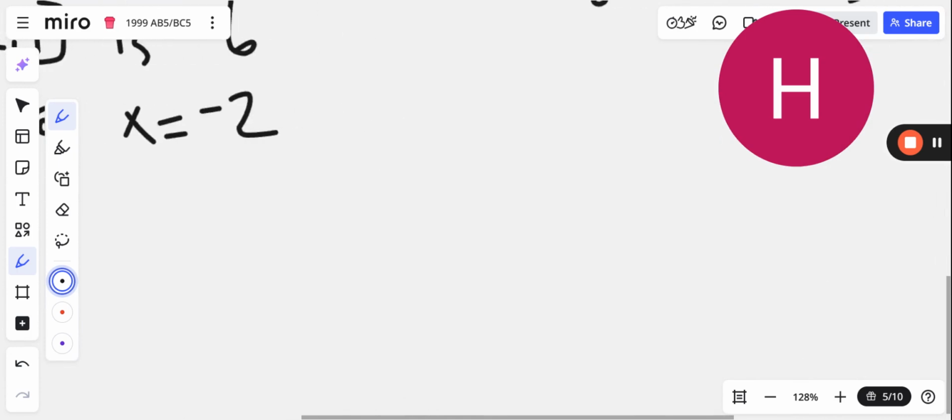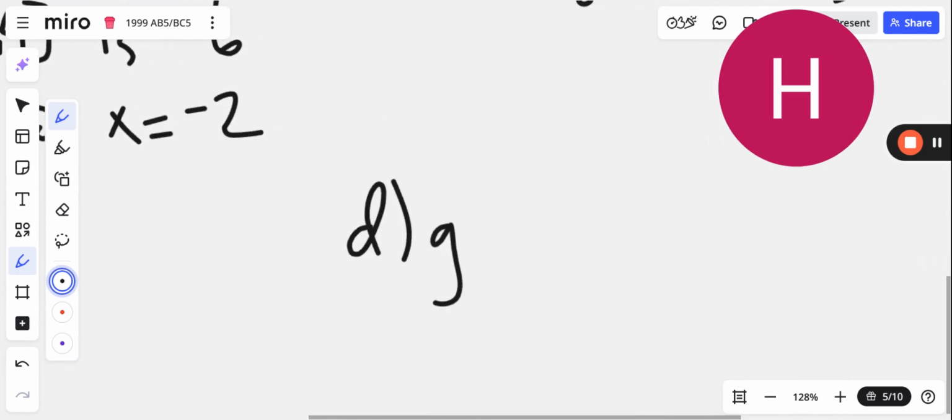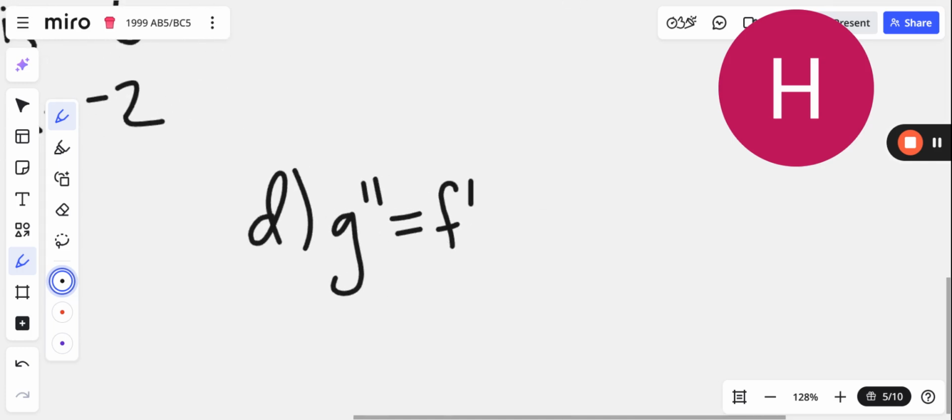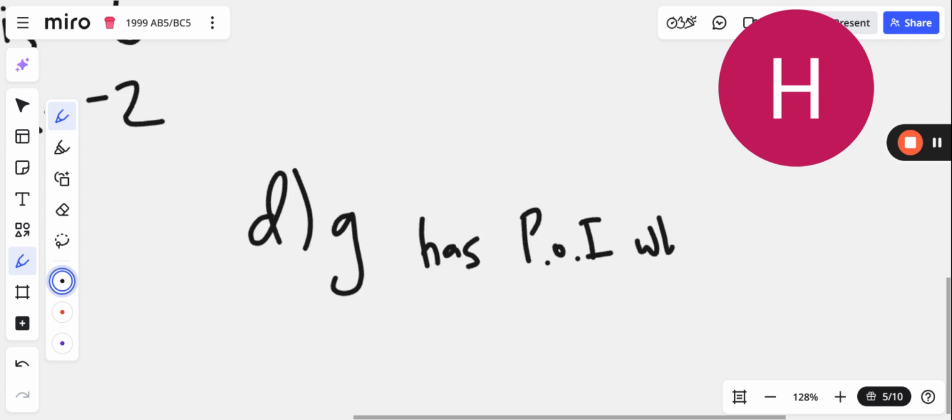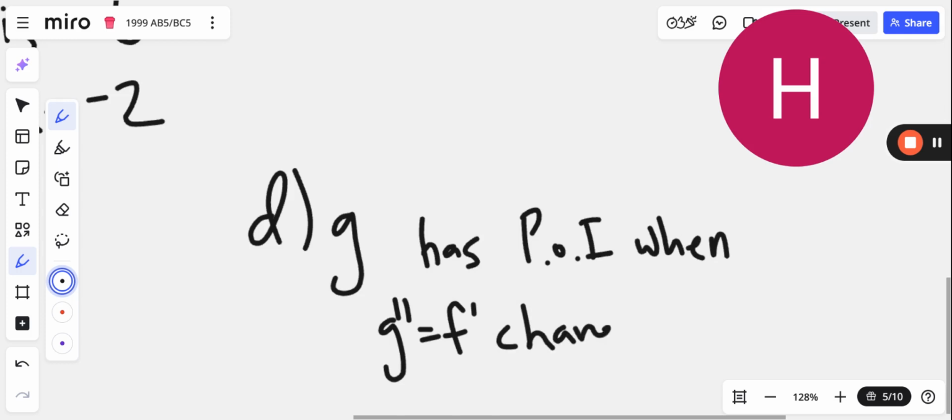So for part D, we can say G double prime, which equals f prime. First, let's say this. G has a point of inflection, POI, when G double prime, which is f prime, changes sign.